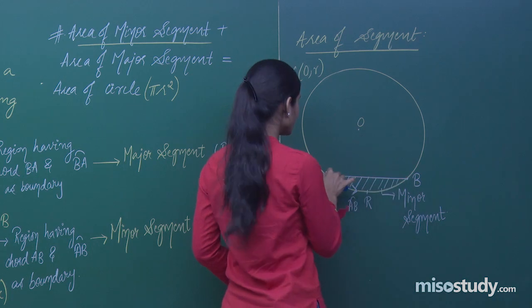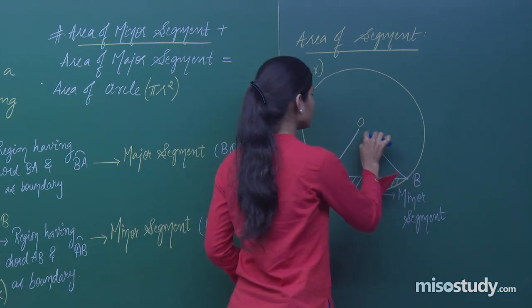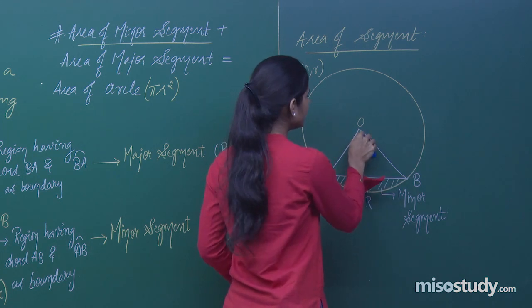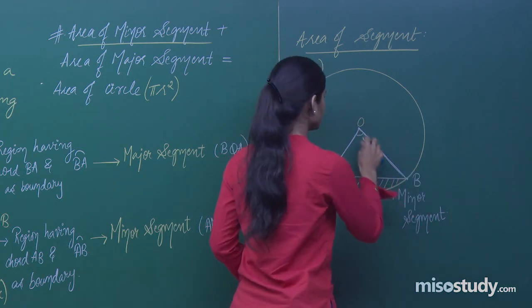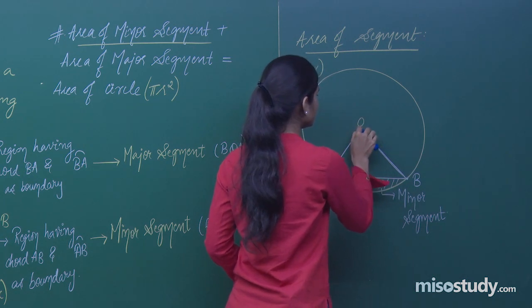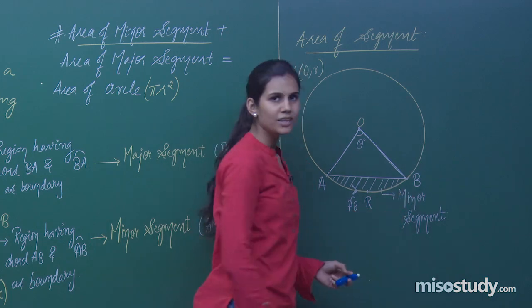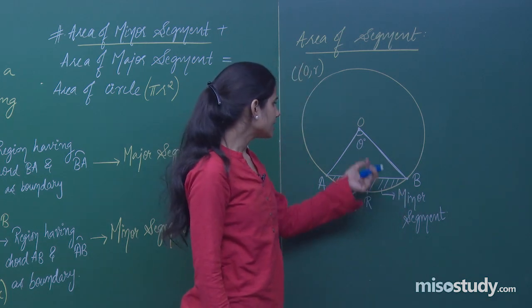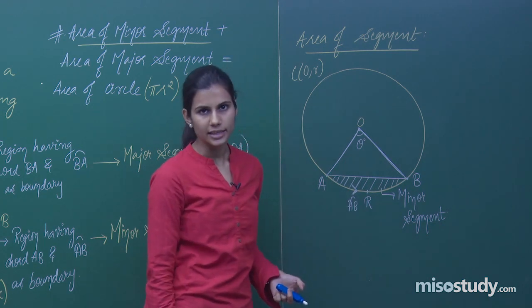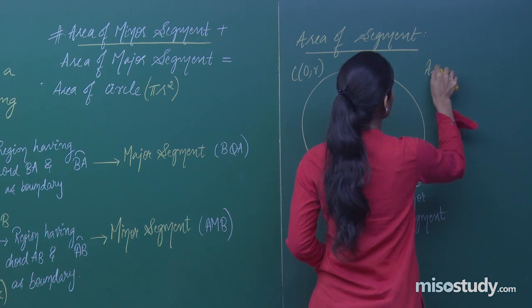The AB arc is say subtending an angle of theta degrees at the center of the circle. So this is theta degrees. The AB arc, which is a part of the boundary of the minor segment, because this is the minor arc, say it is subtending an angle of theta degrees at the center of the circle.